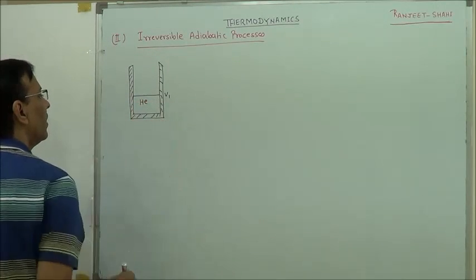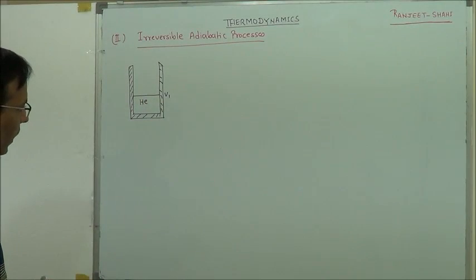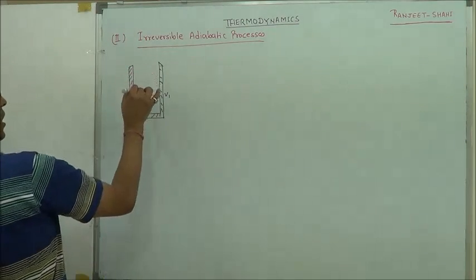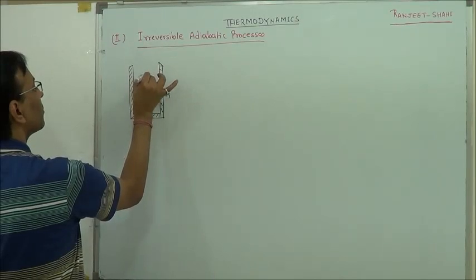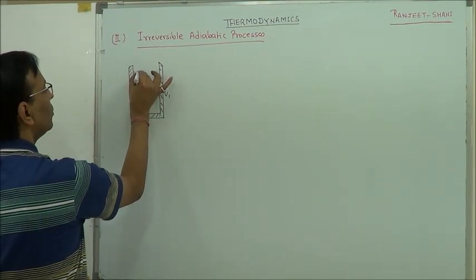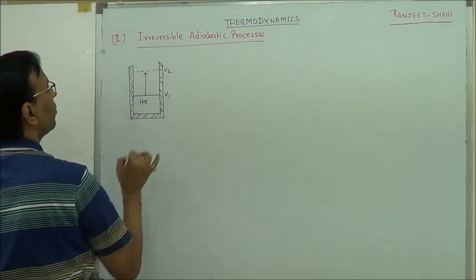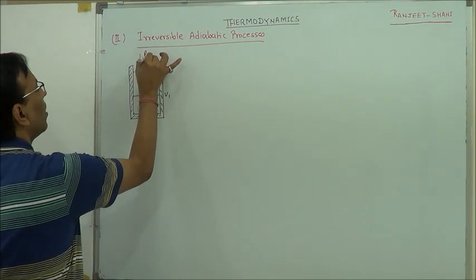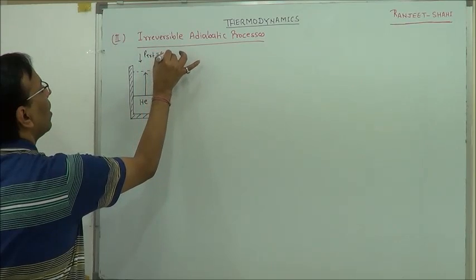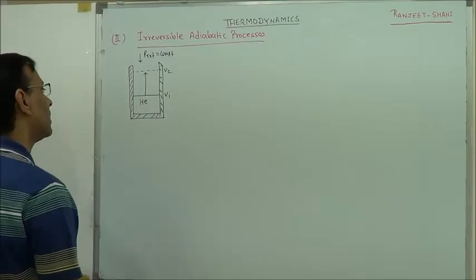Say helium gas is there. Now suppose this gas undergoes adiabatic expansion to a new volume V2, but this time against a constant external pressure.